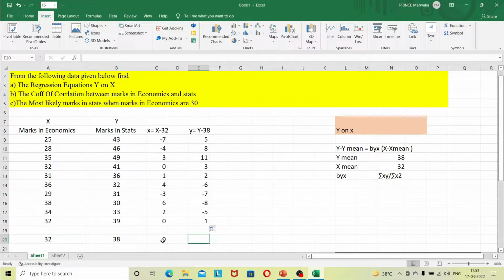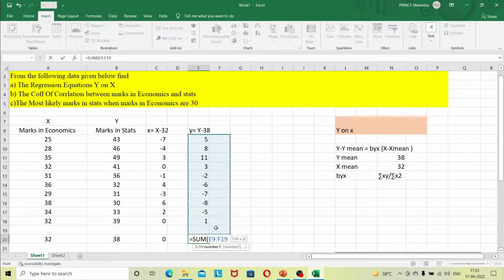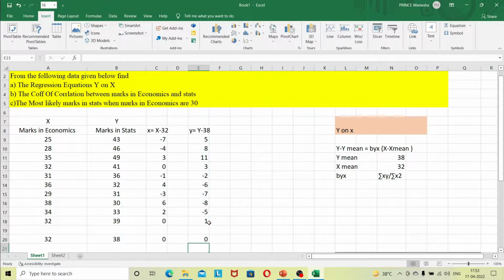In the same way I can calculate the sum of small y, and we have got 0 again, it's a property of the mean. As per our formula, what we need is summation xy, that is the product of variable x and variable y, so this cell multiplied by the other cell, which gives minus 35.